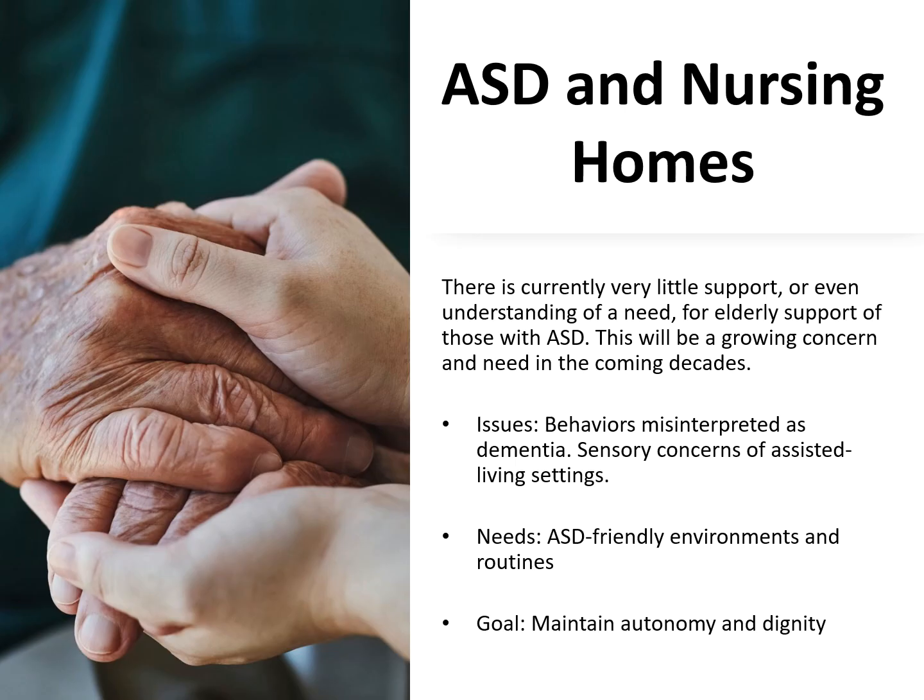If you've ever been in an assisted living facility, there's some aspects of it that would probably be beneficial for those with autism, like a high degree of structure and organization. But then there's probably other things that wouldn't, like sensory problems, some aspects of change to the daily routine that the person may have experienced prior to coming to the ALF. So those are some areas that are kind of interesting.